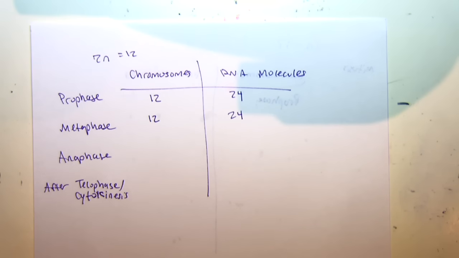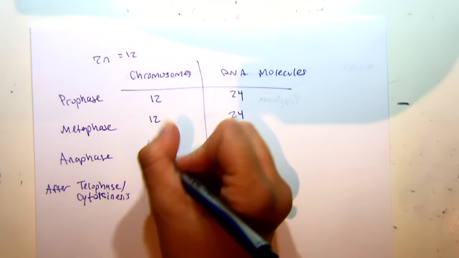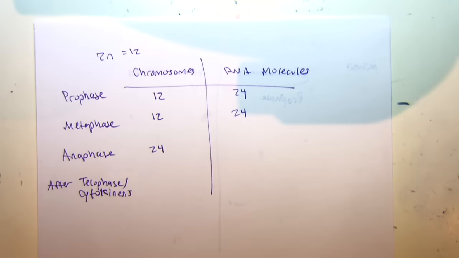But what about in anaphase? What's going on in anaphase? We're pulling all of our chromatids apart. So how many chromosomes do we now have? 24. But how many DNA molecules do we have? Has that number changed?